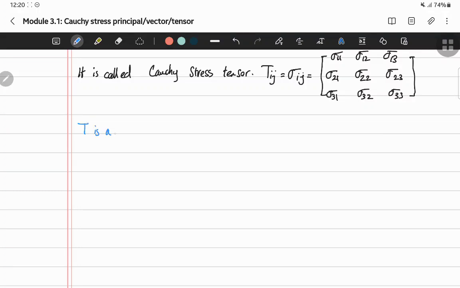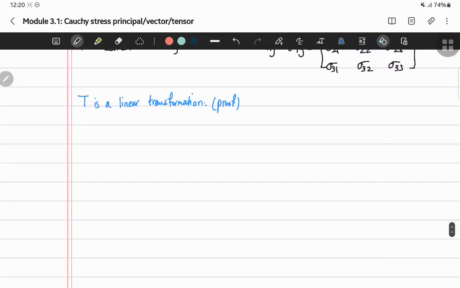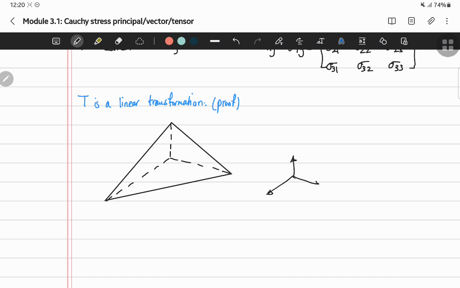T is a linear transformation. So for the proof of this, let us assume that we have a tetrahedron like this, and you have your coordinate system like this.